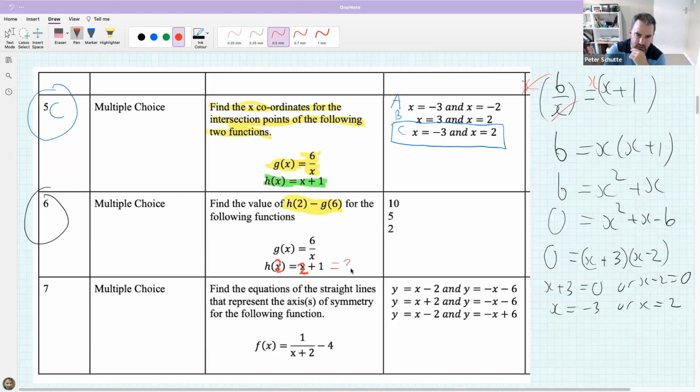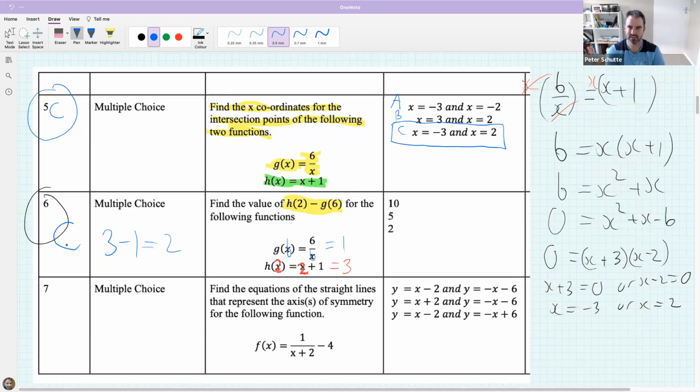And so for me, the h of 2 must be 3. And the g of 6 is 6 over 6, which is 1. So what is the h of 2 minus the g of 6 going to be? The h of 2 came first, and that was 3, minus the g of 6, which is 1. I should get 2, which is the third option, or we would say it's also going to be C.